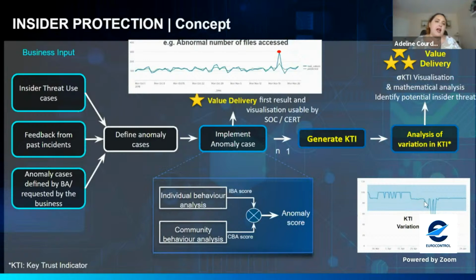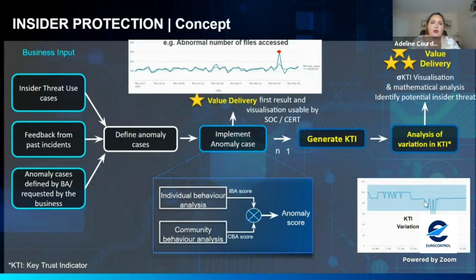We also collect feedback from previous incidents we might have had on insider threat attacks, and we are able to define by ourselves within the team some new possibilities, some new anomaly cases. Once these anomaly cases are defined, we can implement our detection rule. It is where we develop the algorithm.